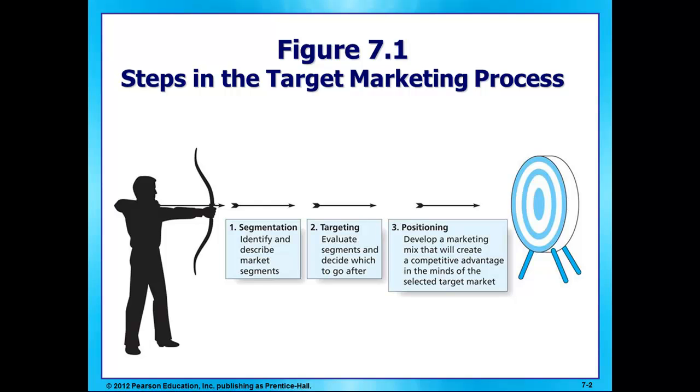And once the marketer picks a target segment, they position their product to provide competitive advantage and create a perception among customers in that market so that customers understand why that product has a differential advantage.